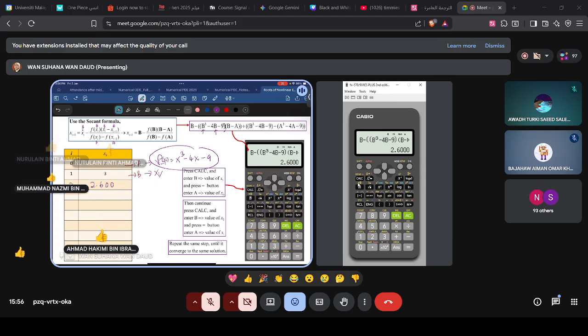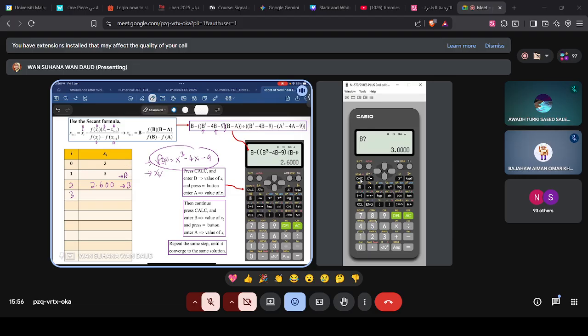Okay, very good. So again, to find the next value, press CALC, and what is the new B? This is the new B, this is the new A. This one will be the new B, the previous one will be A. B now is 2.600.